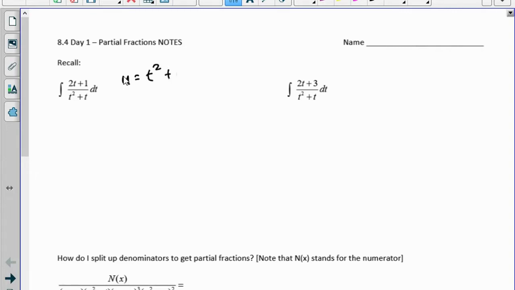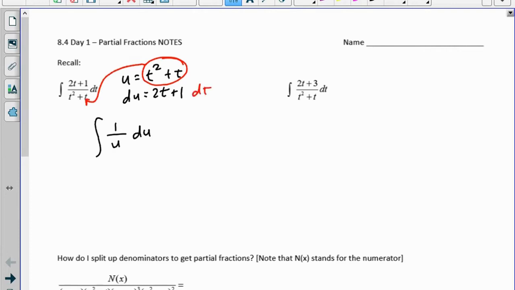So if u is t squared plus t, then du equals 2t plus 1 dt. That perfectly aligns with what the numerator is. And so if that's the case, we can make a U-substitution, 1 over u du, because if I replace that with u, and then I can replace dt with du over 2t plus 1, and then that cancels out the 2t plus 1s.